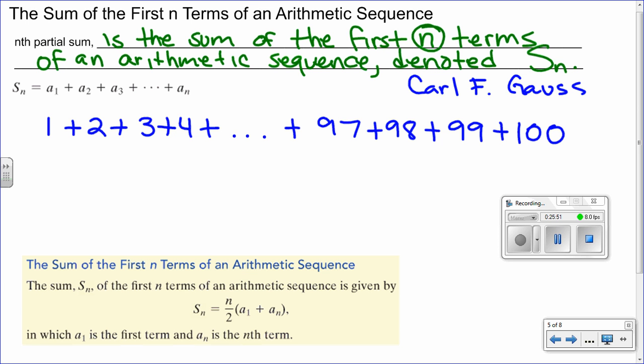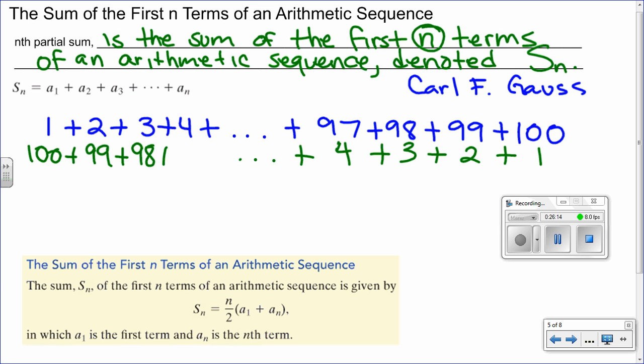So he wrote them all down. And then he thought about writing them again, but in reverse. So 1 plus 2 plus 3 plus 4, and then at the end, 100, 99, 98, and 97.